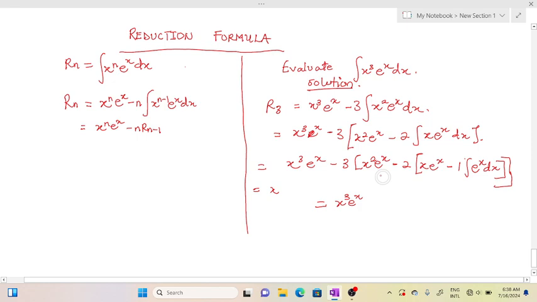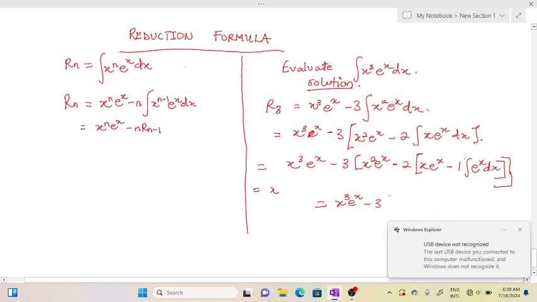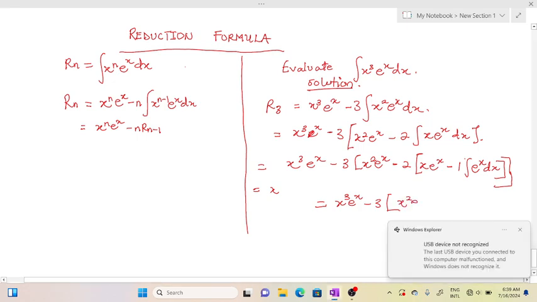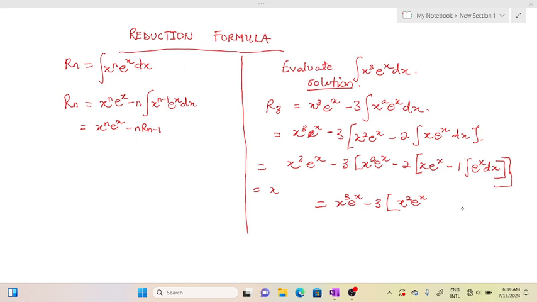So minus 3 multiplying x squared e to the power x. Minus, here, let me do the expansion in the inner one.